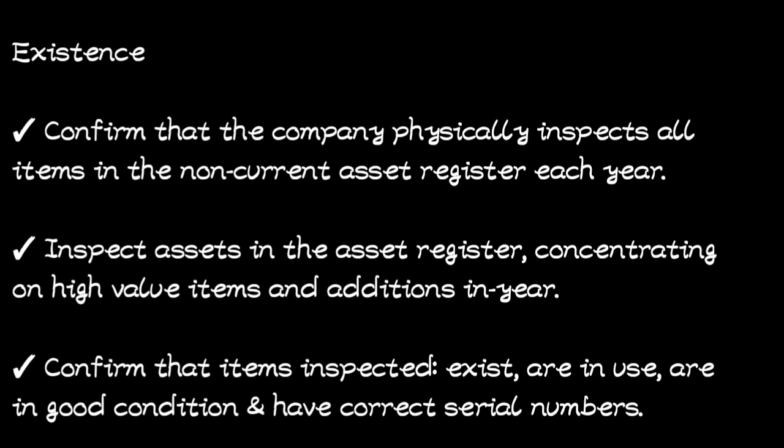You can confirm this by asking management, or observing to see if the company physically inspects all the items that were recorded in the register to make sure that everything that is in the asset register actually exists in the company. Then secondly, inspect assets in the asset register, concentrating on high value items and then additions in that year.